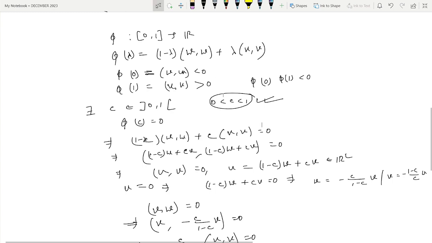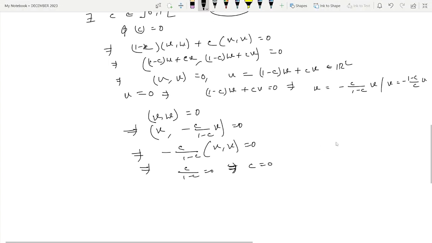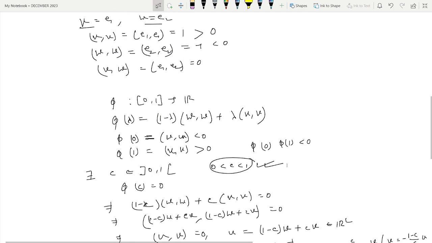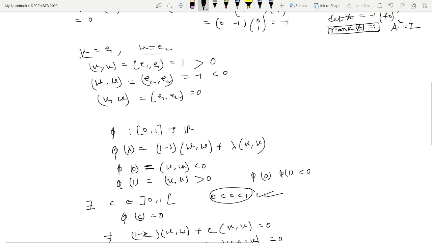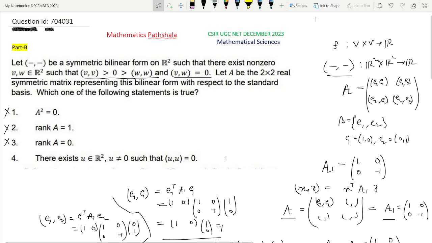So this contradiction guarantees us that this u must be non-zero, and also B(u,u) equal to 0. So we have some u not equal to 0 belonging to R2 such that B(u,u) equal to 0. That is proved by defining this function phi from 0 1 to R. So phi is continuous and phi(0) phi(1) less than 0, so one such c exists such that phi(c) is equal to 0.